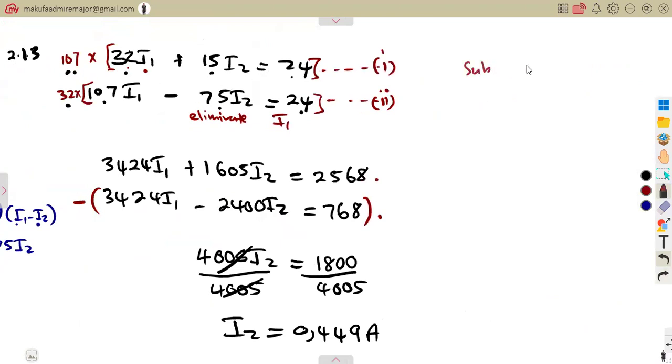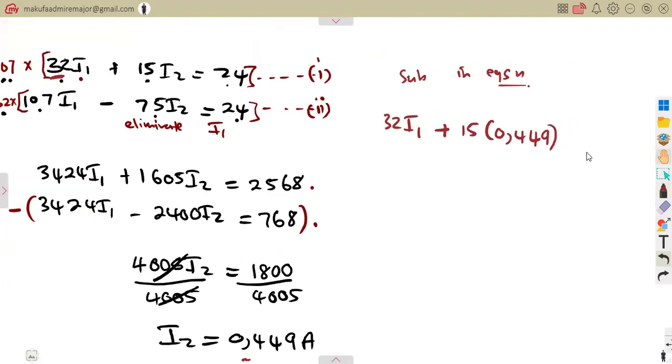In this case, if you substitute in equation 1, in place of I2, we are going to have 32 I1 plus 15 times this I2 that we calculated, 0.449, equal to 24.